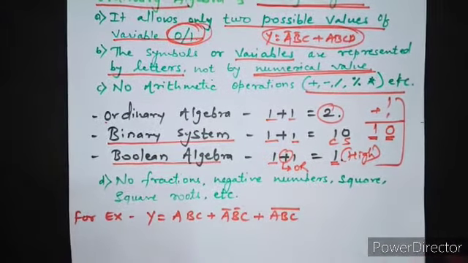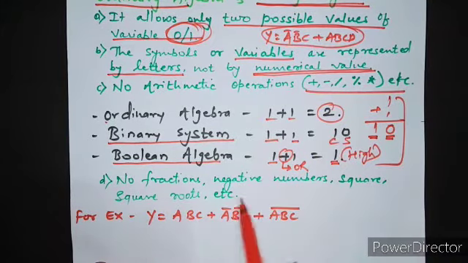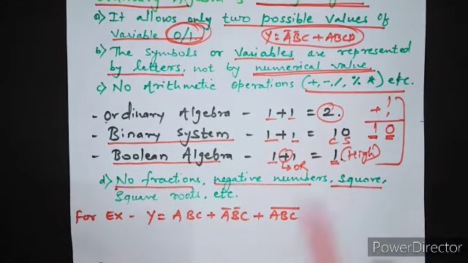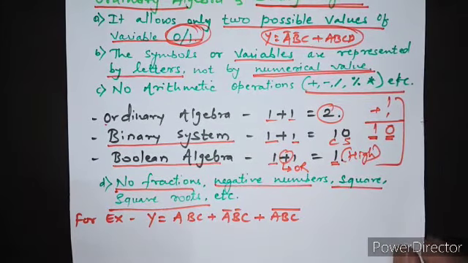No fractions, negative numbers, square roots, etc. We will not have any fraction, any negative number, or square roots. Sounds interesting, right? These are some concepts of Boolean algebra.